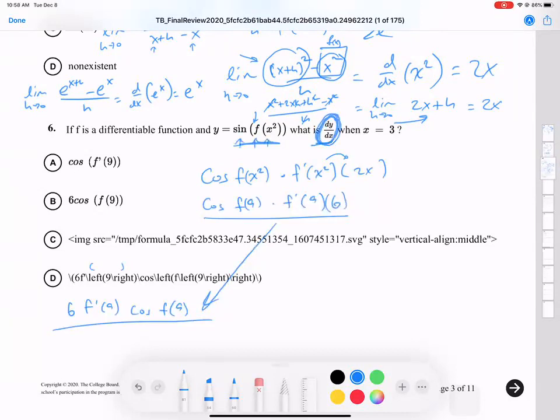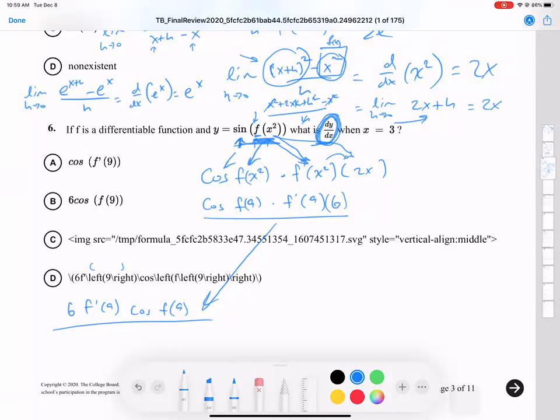What do we take the derivative of first? Sine, it becomes cosine. Leave the inside alone. The next level is take the derivative of f. That's f prime. Leave the inside alone. And then the derivative of x squared is 2x. And then plug in the 3.